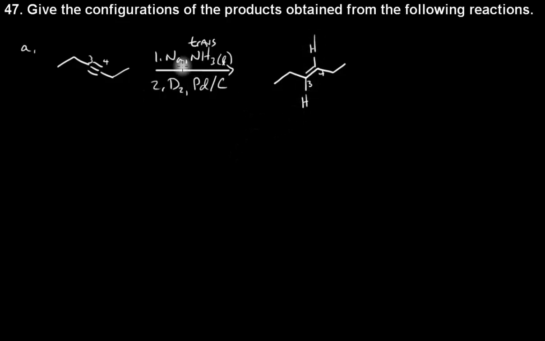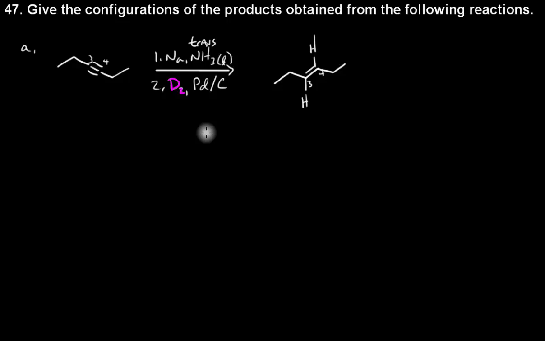Now the second step is D2 addition with palladium on carbon. So what I'll do is I'm just going to redraw this with a D in a pink color just to make it easier to follow. And you have to remember for this kind of reaction, the way that this is phrased implies that it wants you to take care to address stereochemistry.